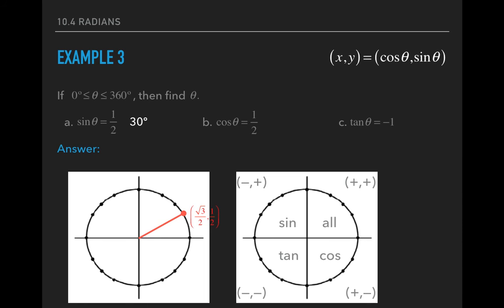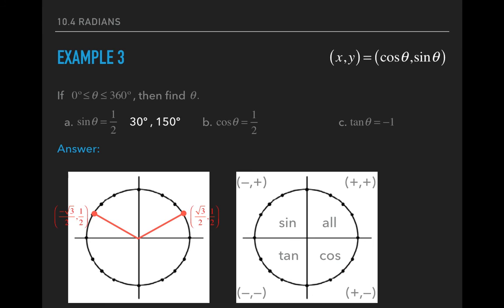And where else is sine positive 1/2? It would also be in our second quadrant. And that's going to be 150 degrees. So again, how did I know that? Well, I thought about 1/2. That's going to be the short side, the short height, because sine is my y value, and that is when you have a reference angle of 30. The short side is opposite the 30.